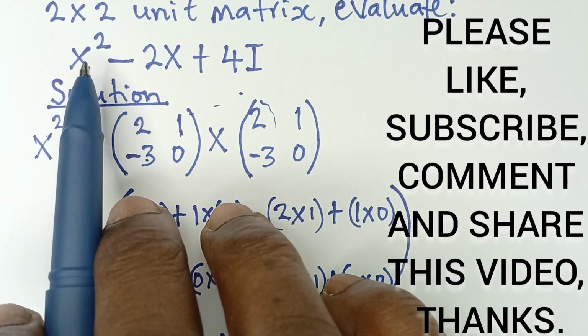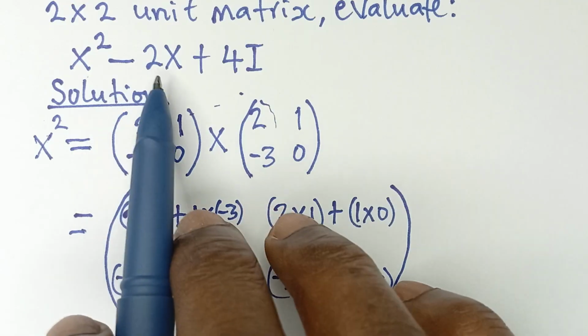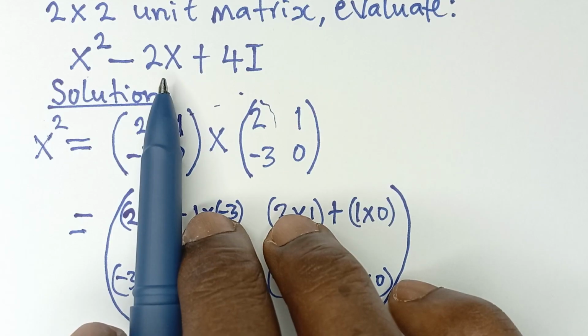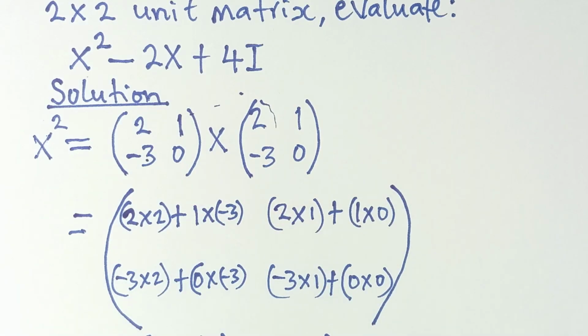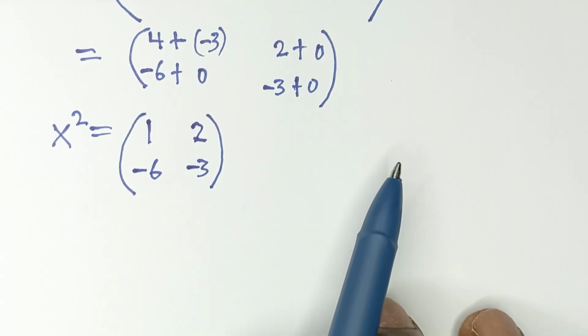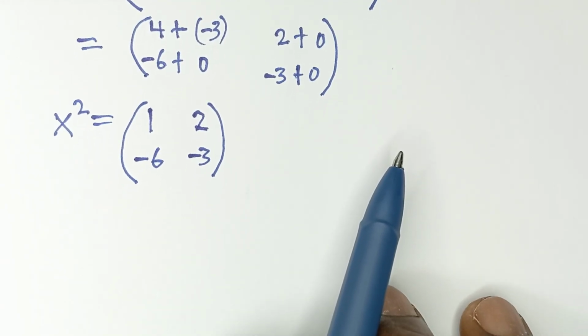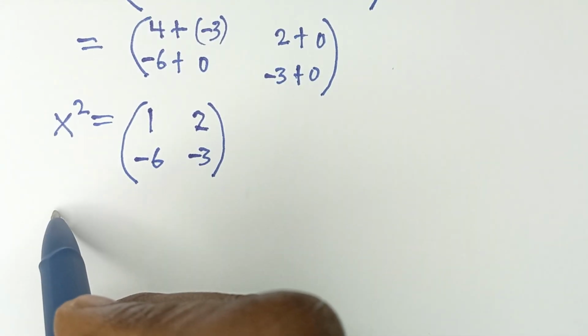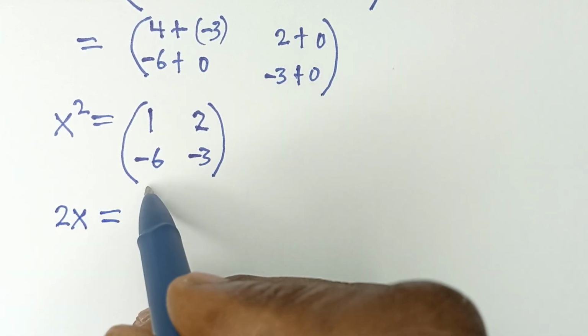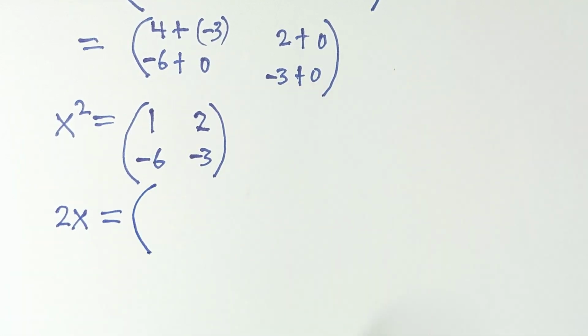After x squared, we can see it here, the second part is 2x. 2x is the second part of the matrix. So I'll go and multiply 2 by x now. 2x will be equal to, don't forget, let me bring x here again.